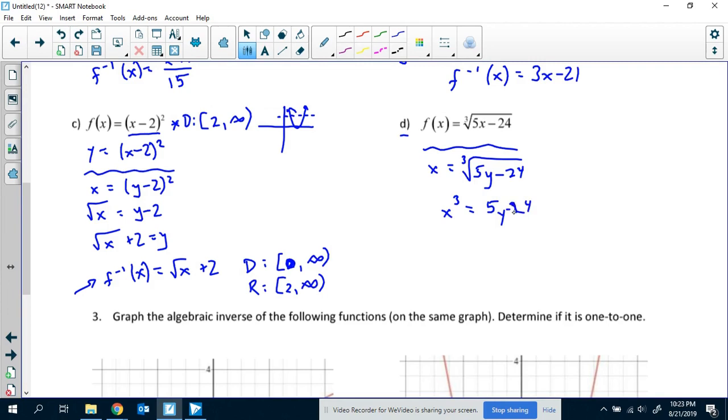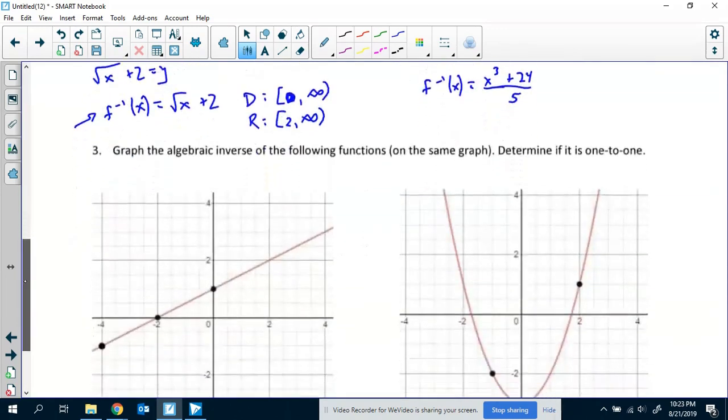I'm going to add 24 and divide by 5. So x cubed plus 24 divided by 5 equals y, which I'm just going to write as f inverse of x.